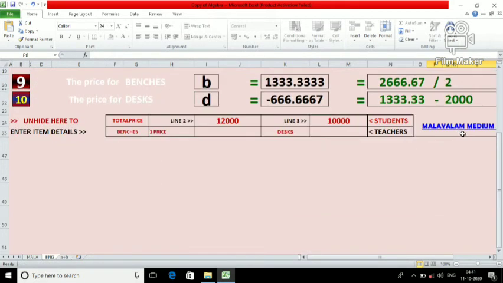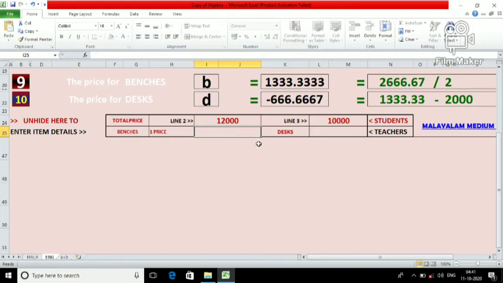And as far as teachers are concerned, they can frame questions entering the price for each unit. Then they can enter the prices per piece here.